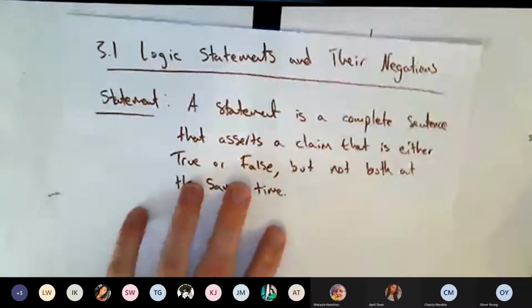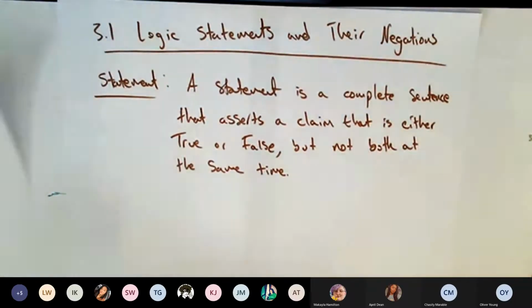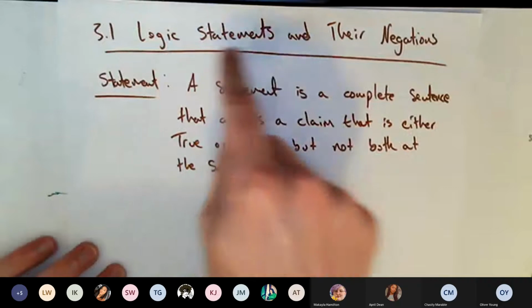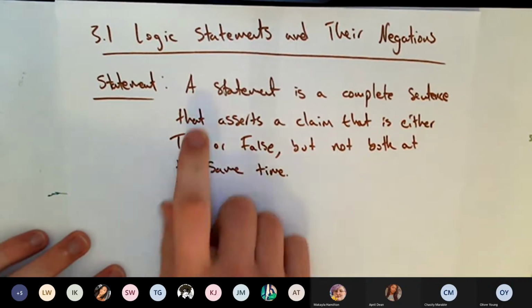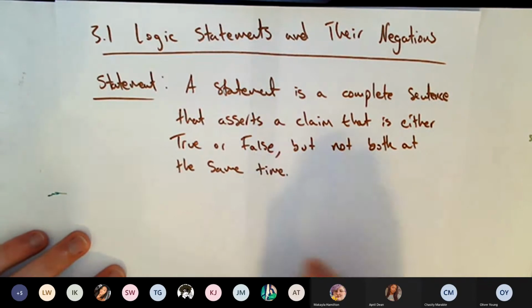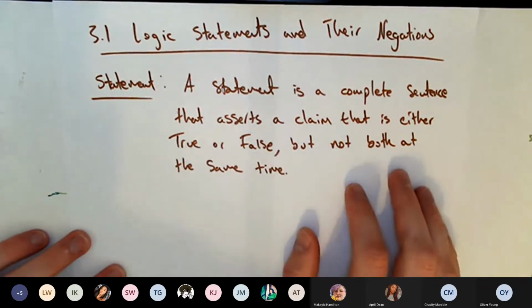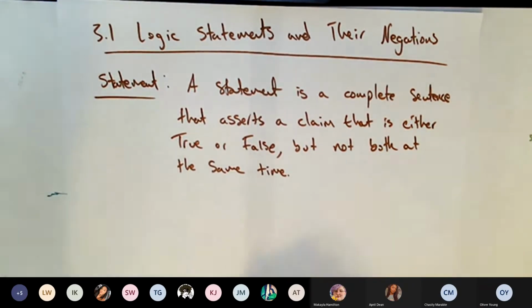We barely got started into 3.1 last time. We did the definition of a statement, in particular a logic statement. I'll often just say statement, but it's understood that we mean logic statement here. And we saw that a statement is a complete sentence that you can assign a truth value to.